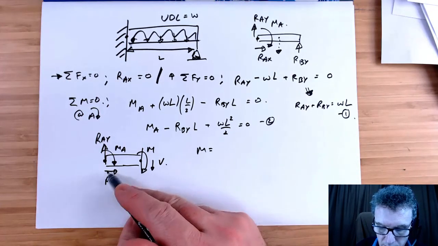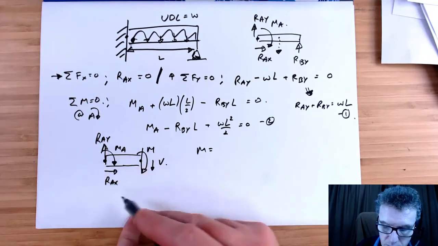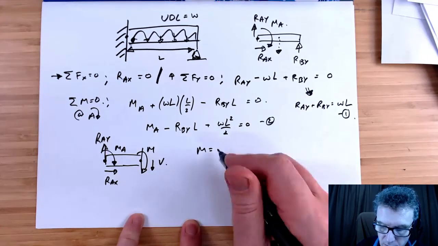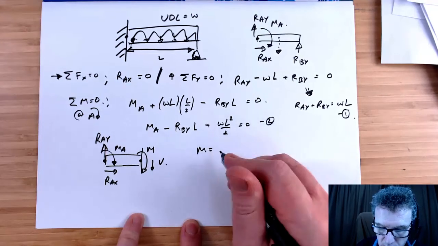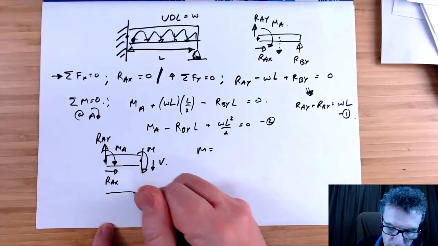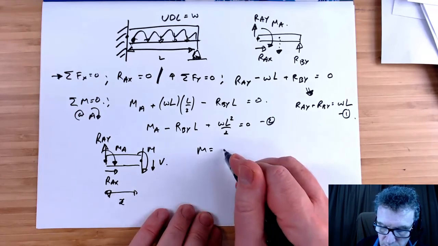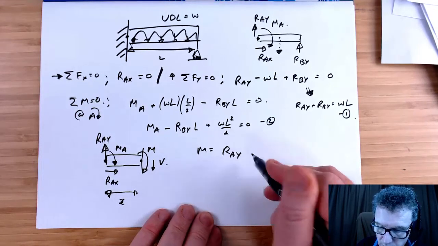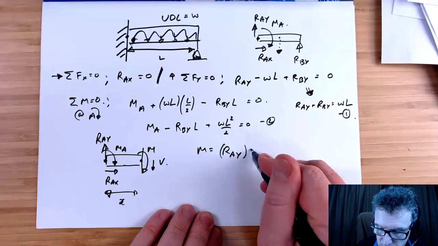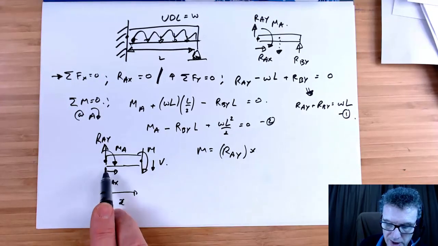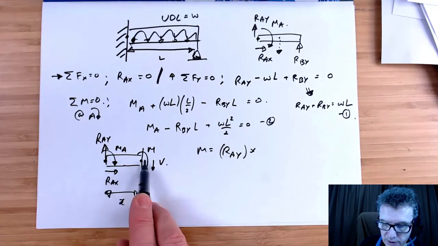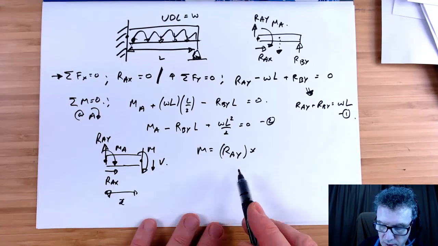so what have we got here, this is some arbitrary distance x. So we've got RAY times x. Obviously RAX goes through the pivot, so it doesn't create any turning moment.